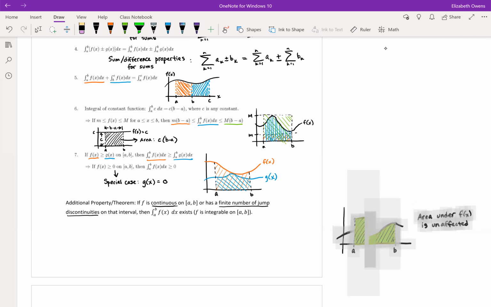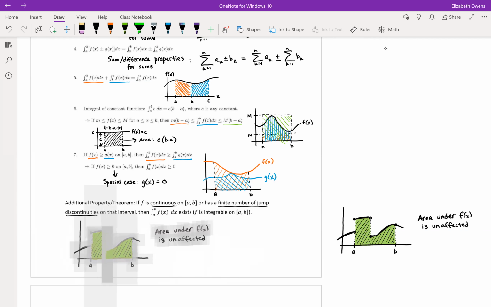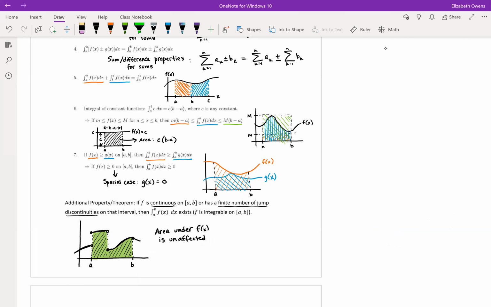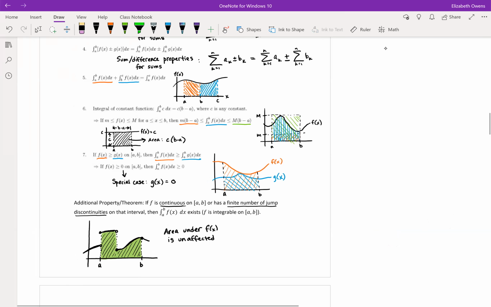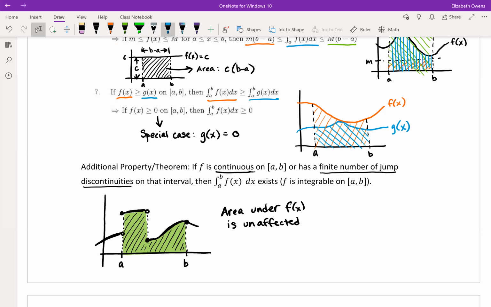I'm going to grab this, bring it on in. So you can sketch a function with a little jump discontinuity in there. Notice how this function on the interval from a to b has a jump discontinuity at one of the endpoints, at a even, and then there's one in the middle of the interval as well.